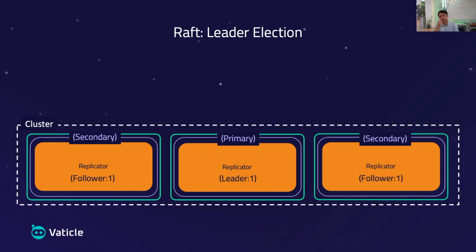So if, for example, the instance that becomes a candidate suddenly dies, it's going to be fine because eventually the other followers will be able to start another election.